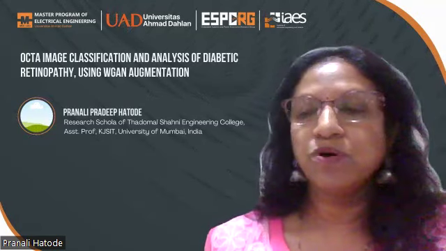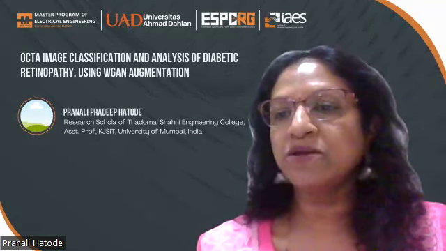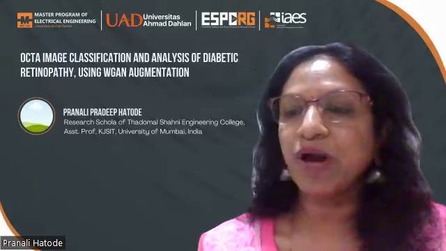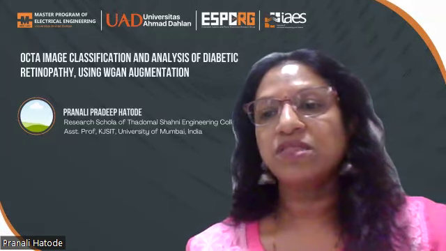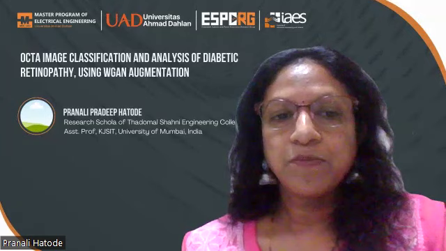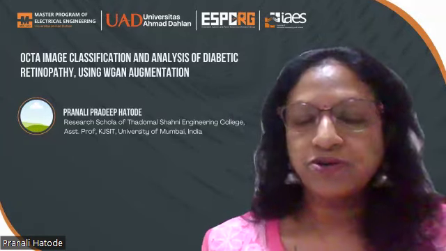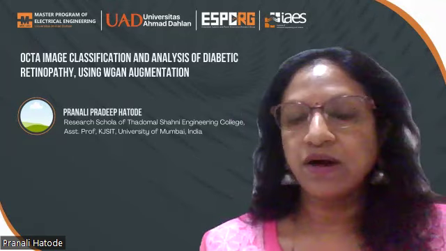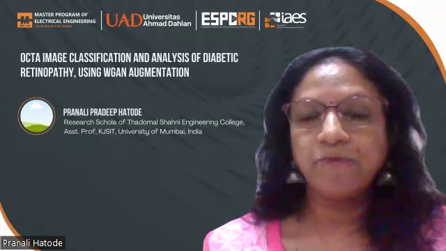Throughout this work, I have used the ADAM optimizer because the SGD optimizer doesn't work well for my particular work. So this is how I conclude that WGAN augmented OCTA images for diabetic retinopathy detection is a better choice as compared to any other augmentation and classification technique.